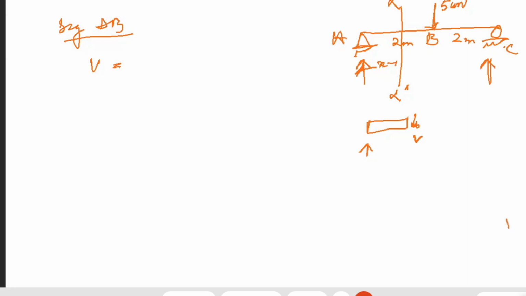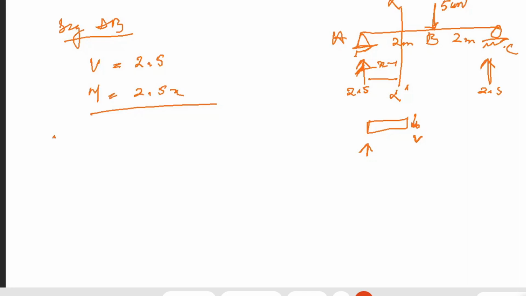It will be 2.5 here, and this will be 2.5. My V will be simply 2.5. And how much will be the moment? It will be 2.5 times x, simple, 2.5 times x for segment AB.